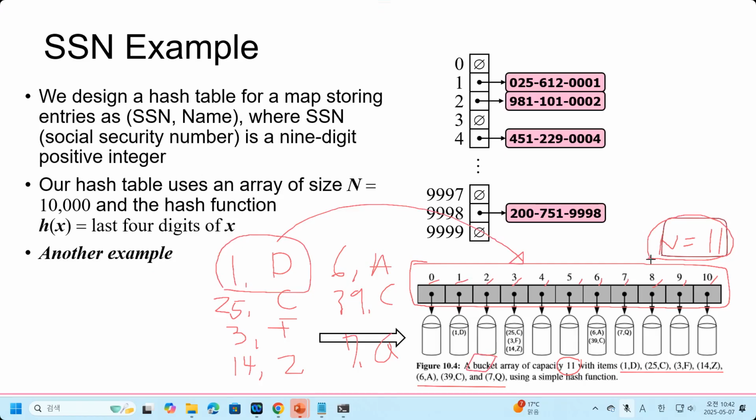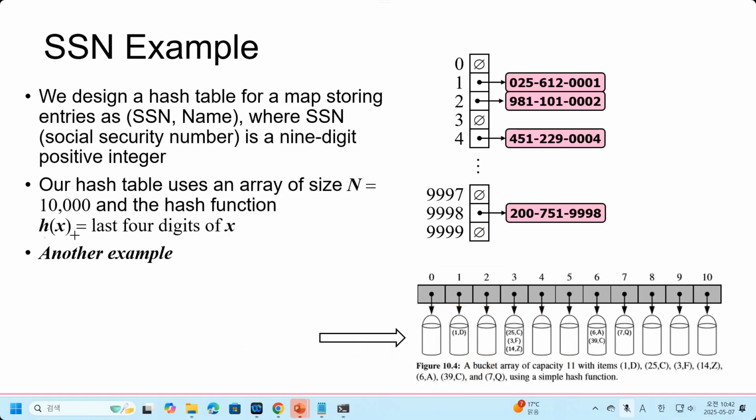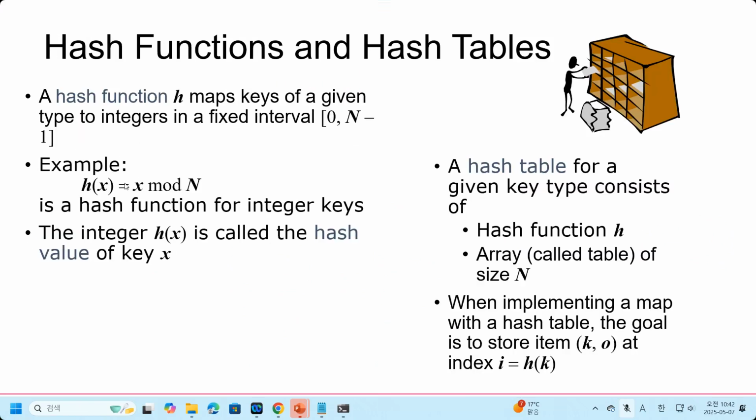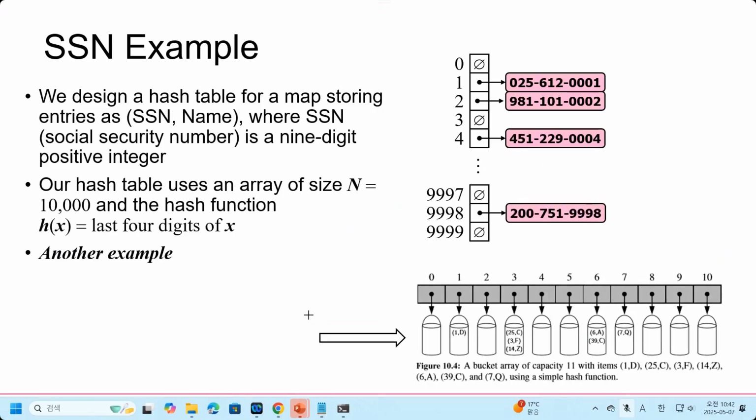Then with the general hash function, it's h(x), which is x mod n. So x is the key.